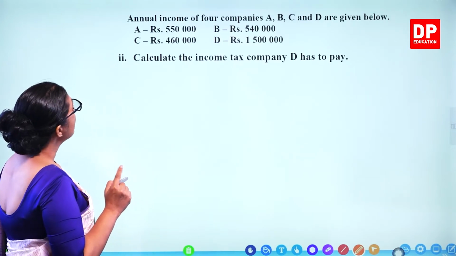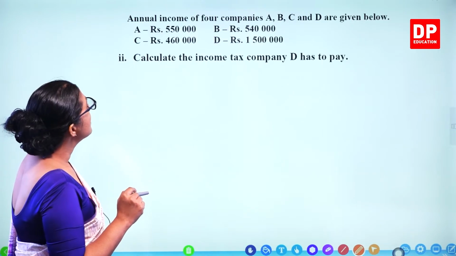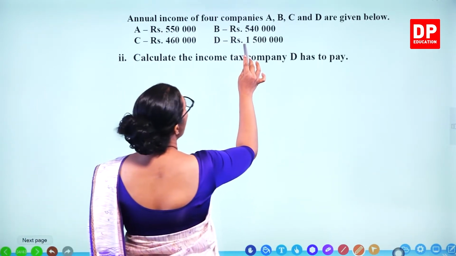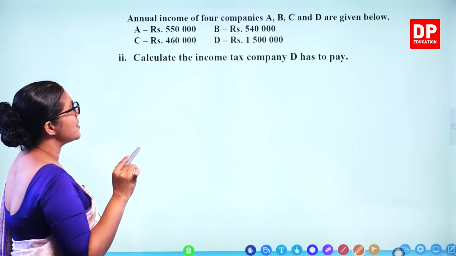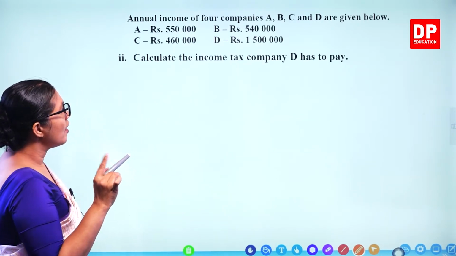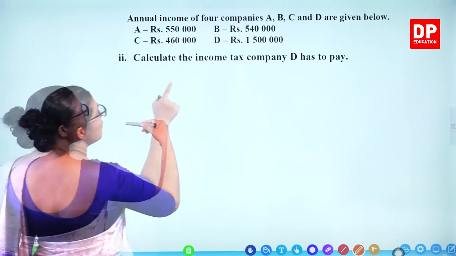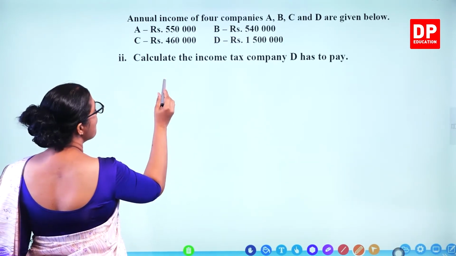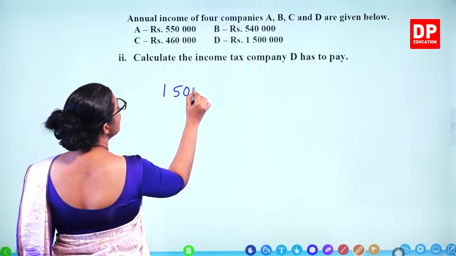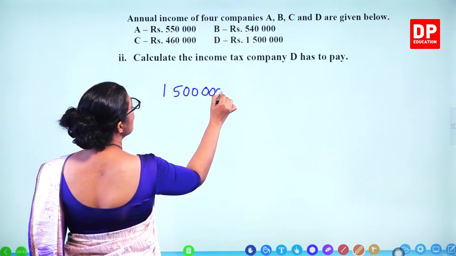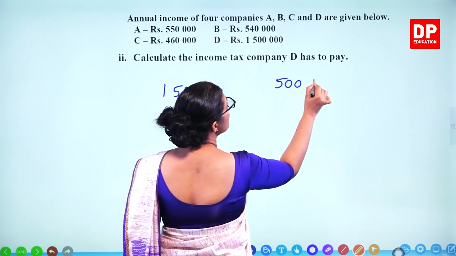Next one, calculate the income tax company D has to pay. D is 1,500,000 rupees. So we have to find out how many 500,000s are there. So 1,500,000. First 500,000 free. So that's 500,000 is there.